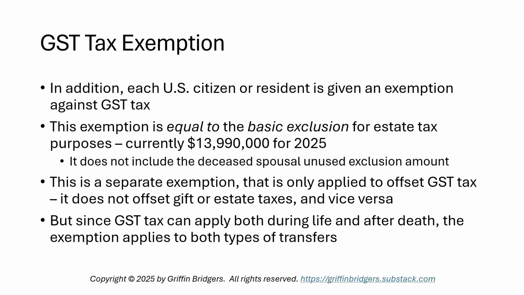One unique aspect of this, too, is that because GST tax can apply both during life and after death, this exemption broadly applies to both types of transfers. Whereas with the applicable exclusion, it's applied, as we'll see in the follow-up, as a tax credit, but the application can be a little bit different between gifts versus transfers at death.